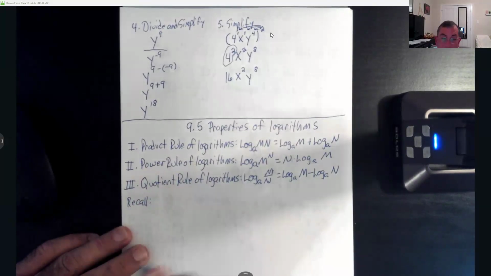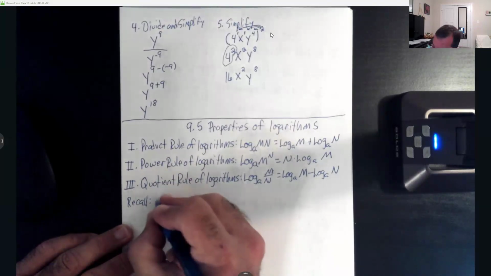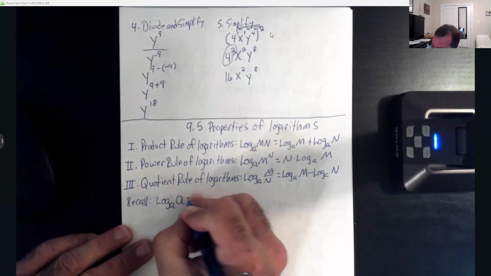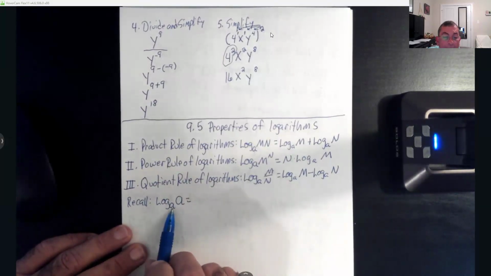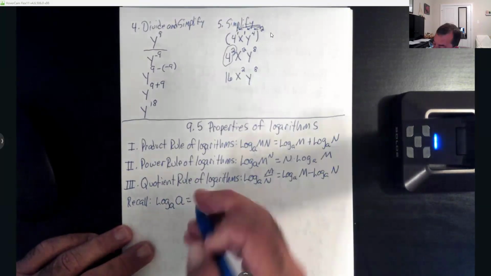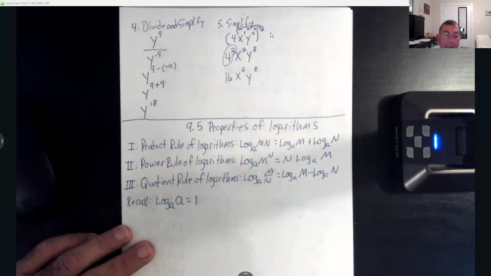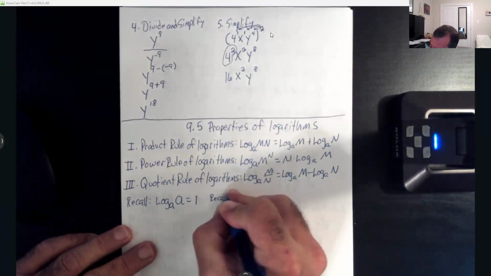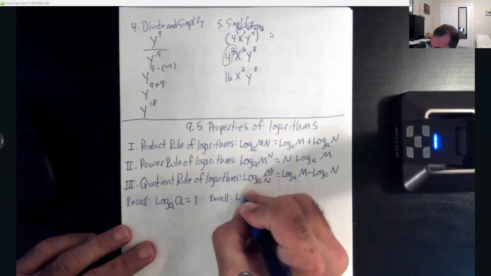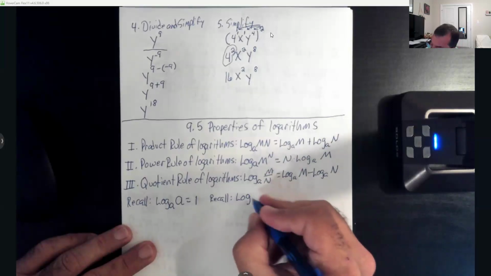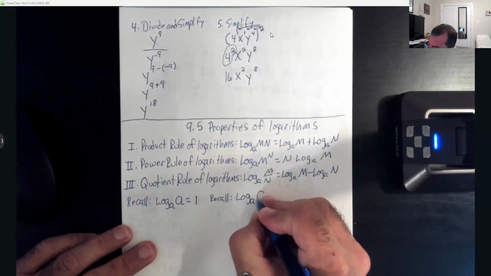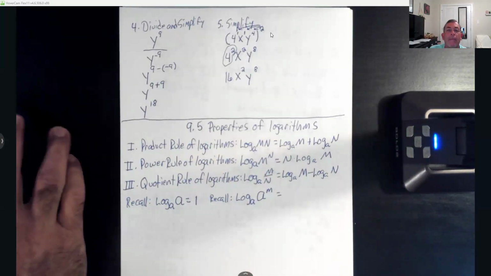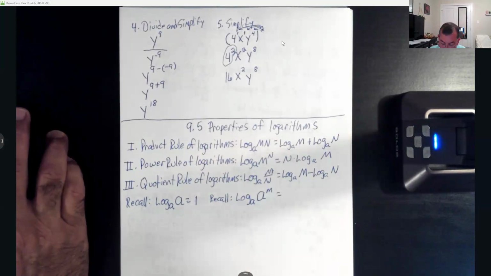Also for this section, recall the log of A to the A. If the log base matches the result, that answer is a 1. And then also recall the other property. Log base A of A to the M. Now, y'all, let me let one in real quick.